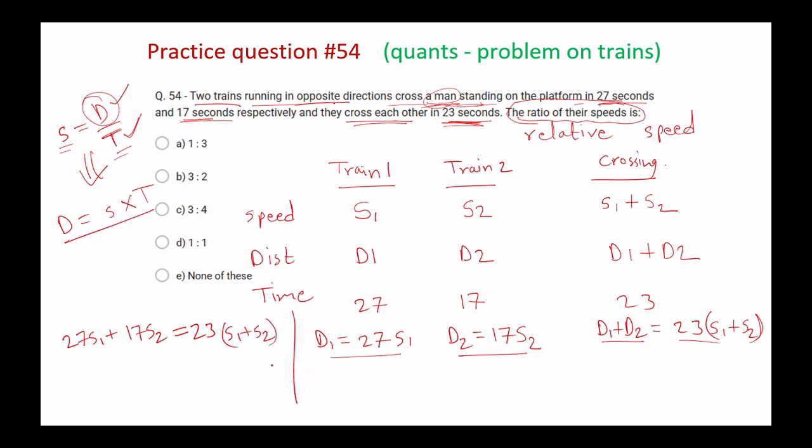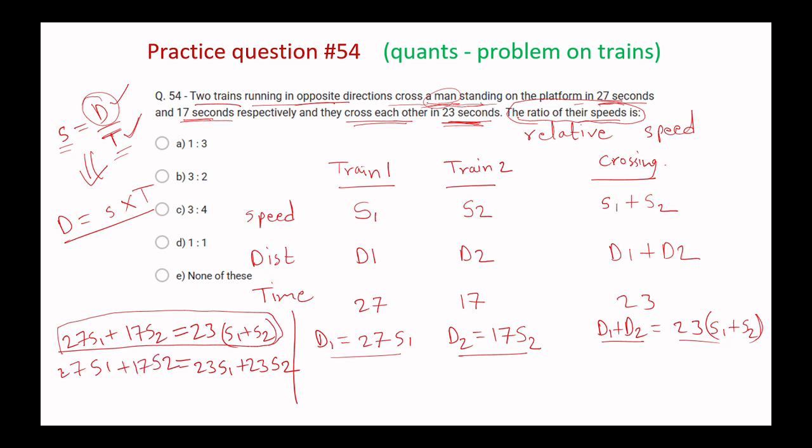Now by using this equation we can find the ratio. Let's open this bracket first: 23 s1 plus 23 s2, and here we already have 27 s1 plus 17 s2.